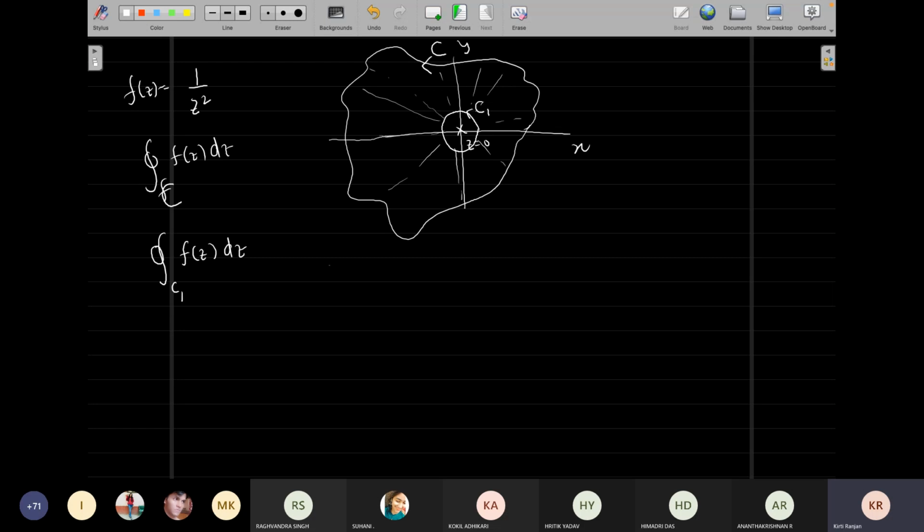I will evaluate f(z) dz for C1, and I'll say that the result will remain valid for f(z) dz over C as well. So what was the result which you got for this? Let me say C1 is the positive oriented unit circle about z equal to 0. What was the result which we got?